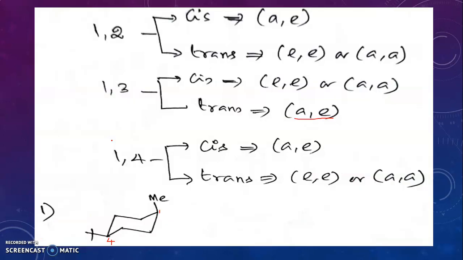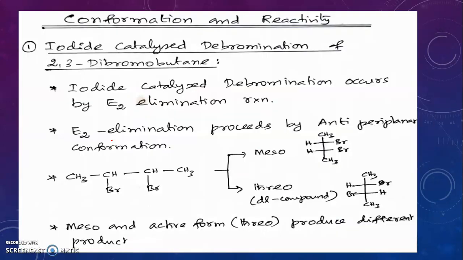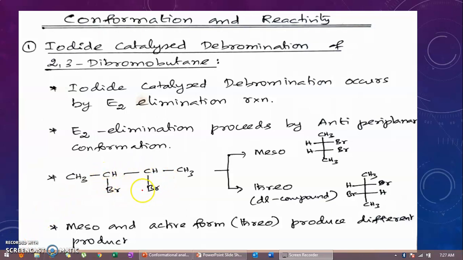Now we will discuss conformation and reactivity. Under this heading, I am going to discuss a few important reactions. The first one is the iodide-catalyzed debromination of 2,3-dibromobutane. In 2,3-dibromobutane, this carbon is a chiral carbon, and this is also a chiral carbon.